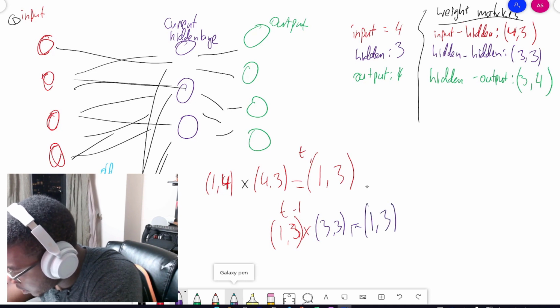And then what we do is we add these two together. That gives us still a 1 by 3 matrix.